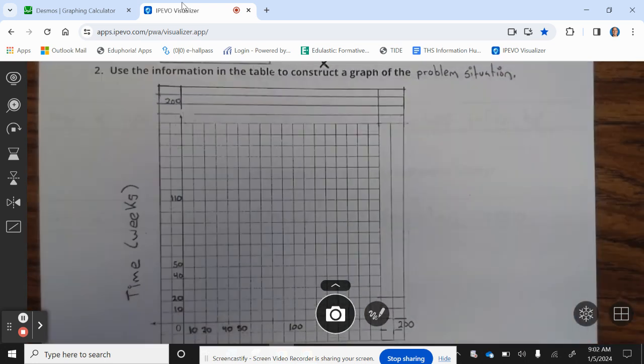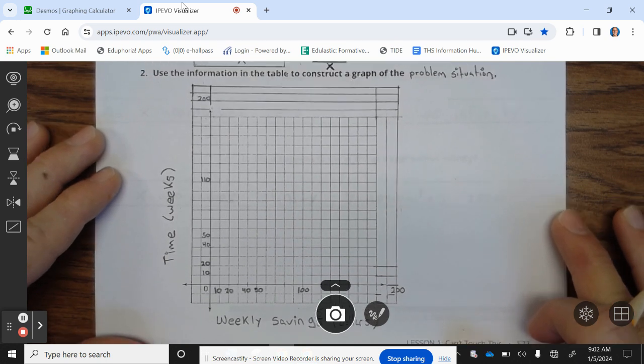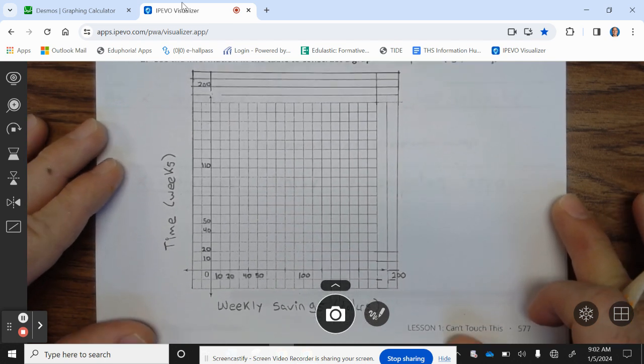All right, let's go ahead and complete the graph. Use the information in the table to construct the graph of the problem situation.